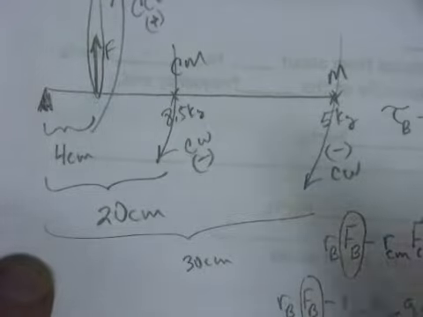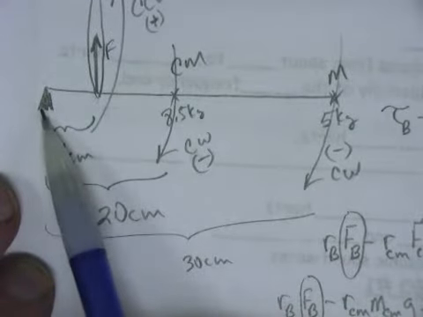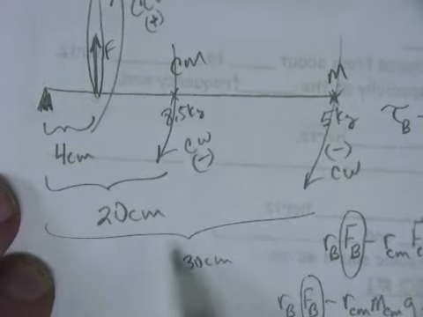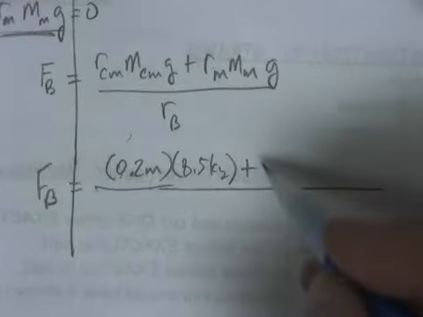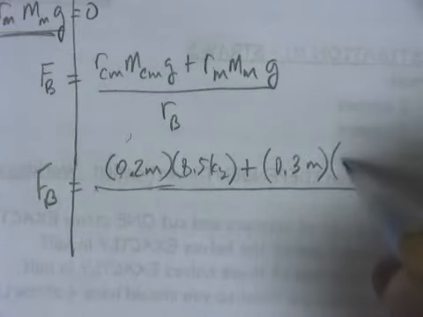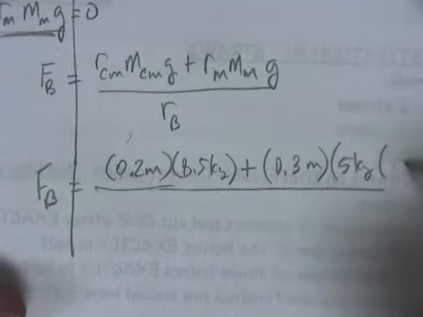So if I go over here, radial arm, remember, is always drawn from the axis of rotation to the ball, and that distance right here is going to be 30 centimeters. And then the mass of the ball is 5 kilograms times 9.8 meters per second squared.